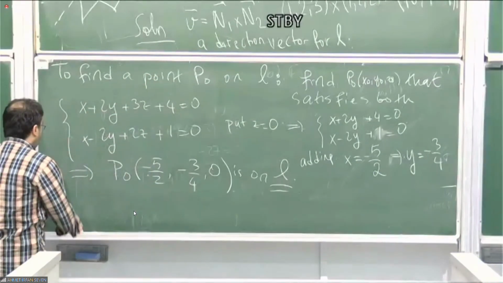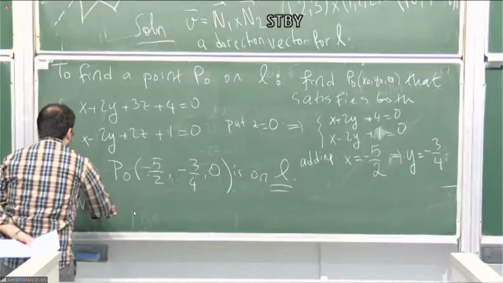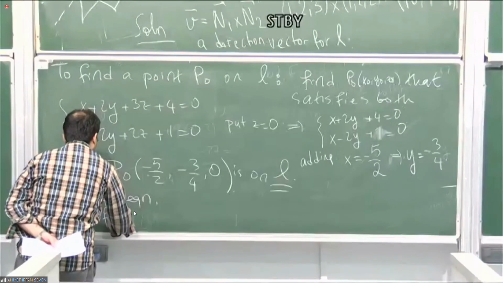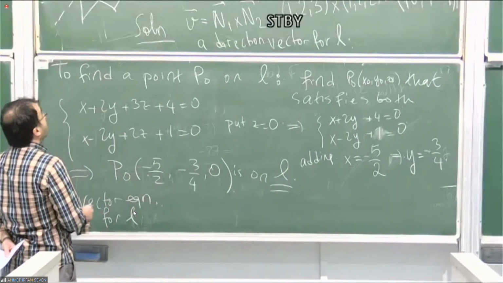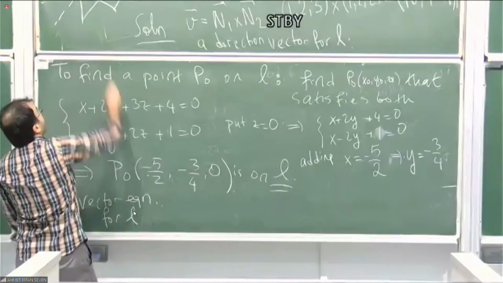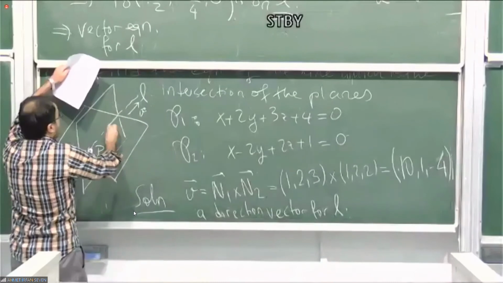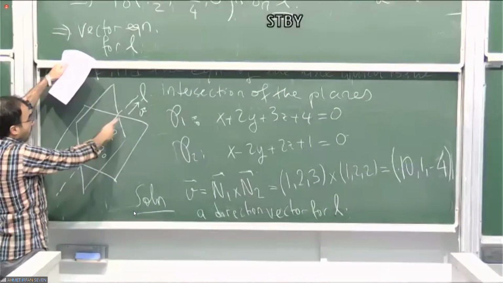Now I can write the vector equation for L. Remember, to describe a typical point P, our way is the following.